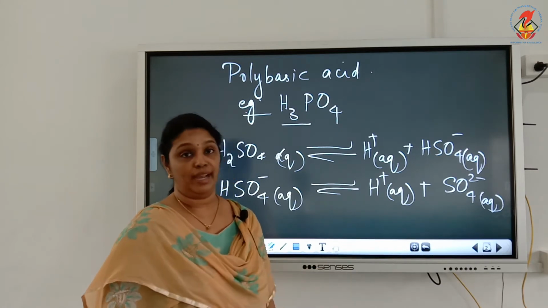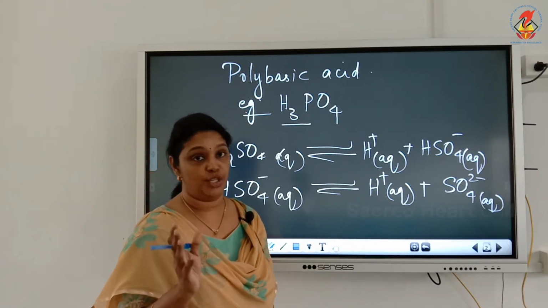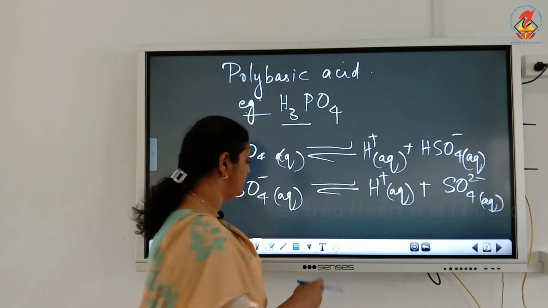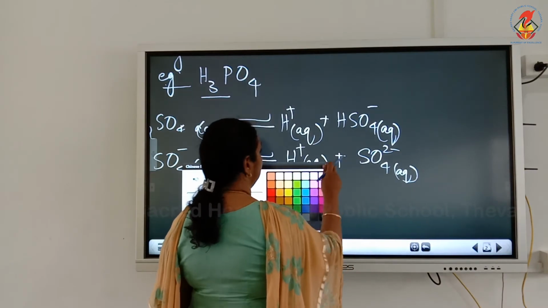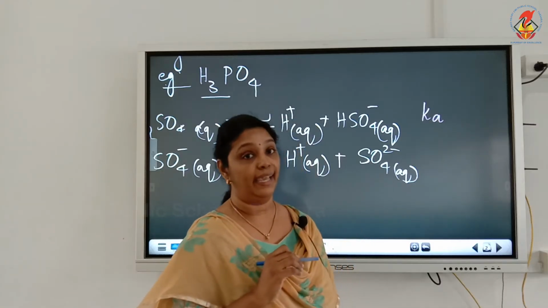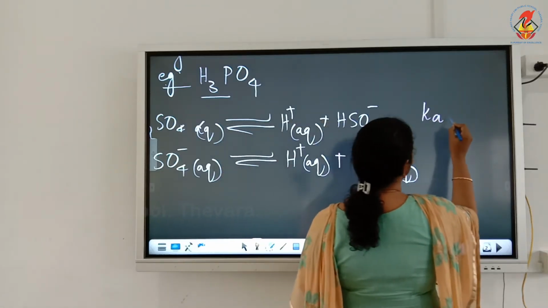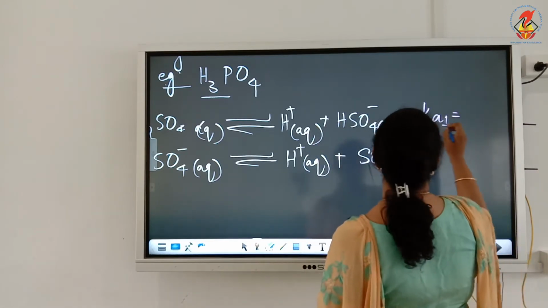Now, I am going to write the dissociation constant expression for these two steps. For the first step, I am going to write the expression for the dissociation constant Ka. Since this is the first step, I am going to write Ka1. What will be the expression for Ka1?